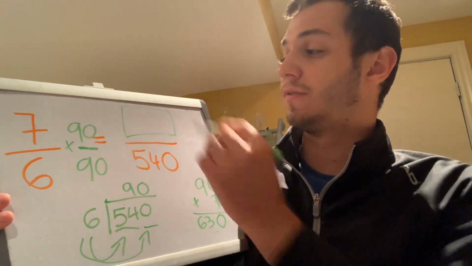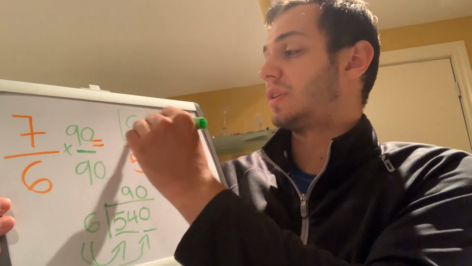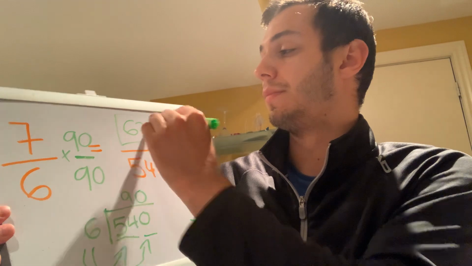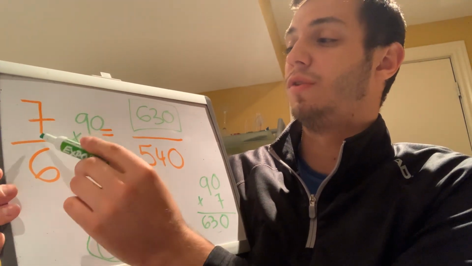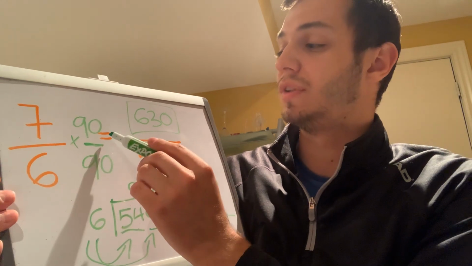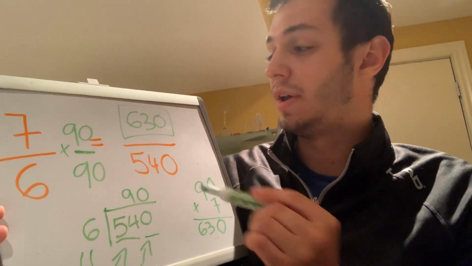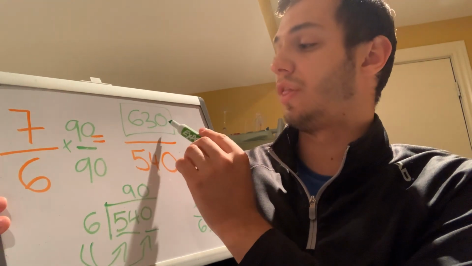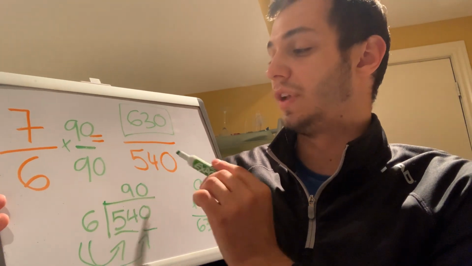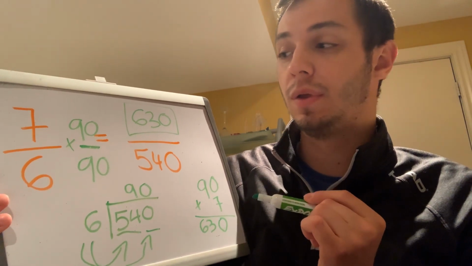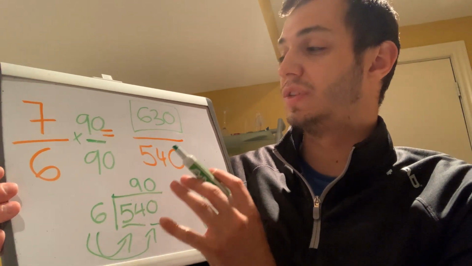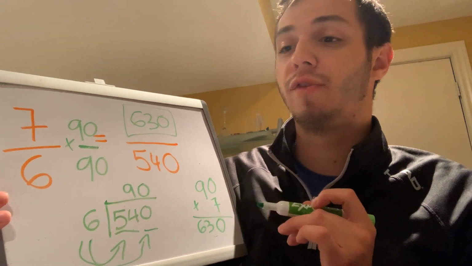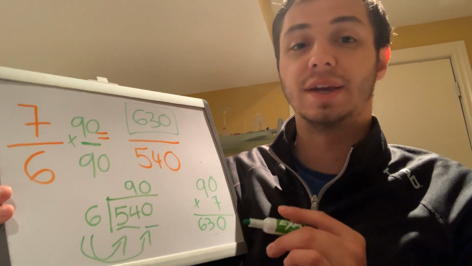So our answer for the missing number is 630. Right? So what we did is we showed that 7 over 6 is equivalent to, or is the same as, the fraction 630 over 540. So you can pause the video now, make sure that we have all of these written in, and then we'll go over part B as well as another example.